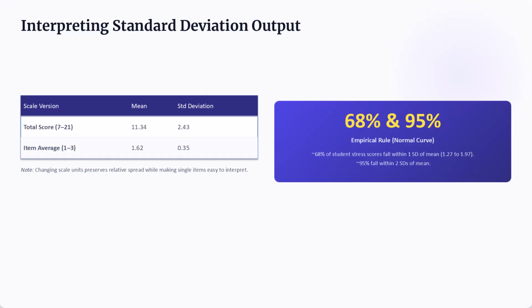Standard deviation tells us that a typical student's stress score deviates by about 0.35 points from the average response. Applying the empirical rule for normal distributions, approximately 68% of students fall within one standard deviation of the mean, between 1.27 and 1.97 on the 1 to 3 scale, and 95% fall within two standard deviations.